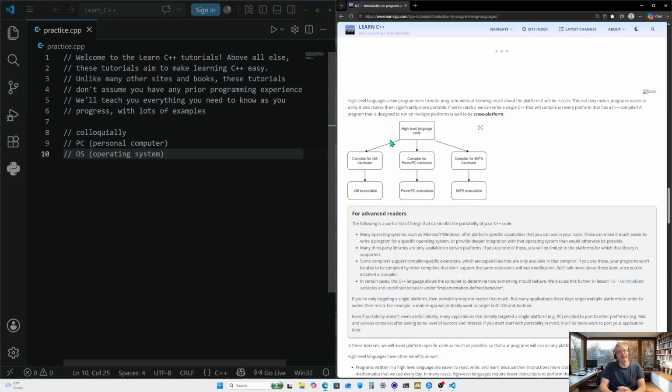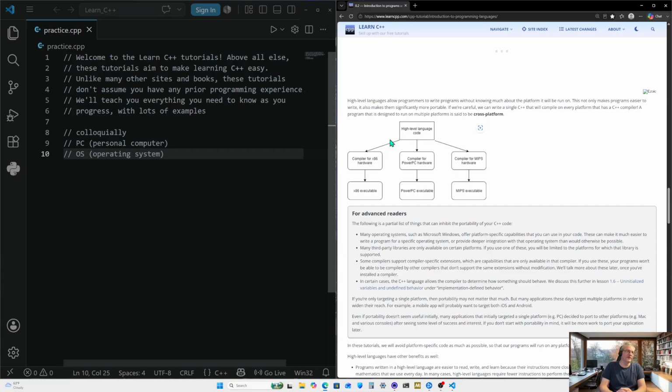It not only makes programs easier to write, it also makes them significantly more portable. If we're careful, we can write a single C++ program that will compile on every platform that has a C++ compiler. A program that is designed to run on multiple platforms is said to be cross-platform.